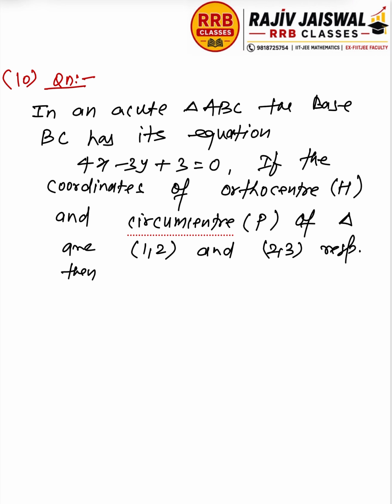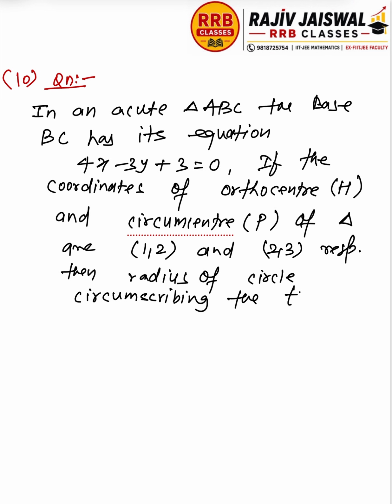then the radius of the circle circumscribing the triangle is root m upon n, where m and n are relatively prime.